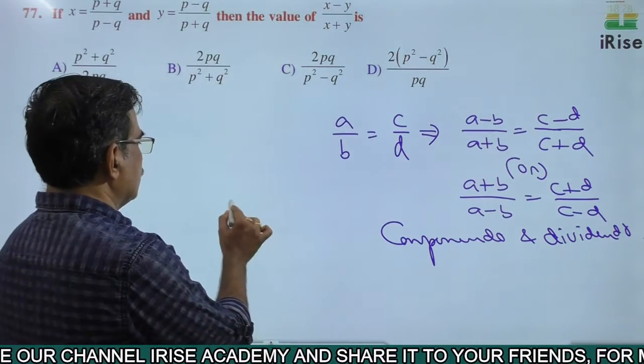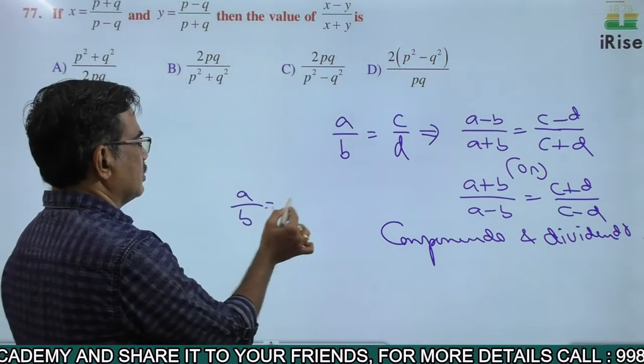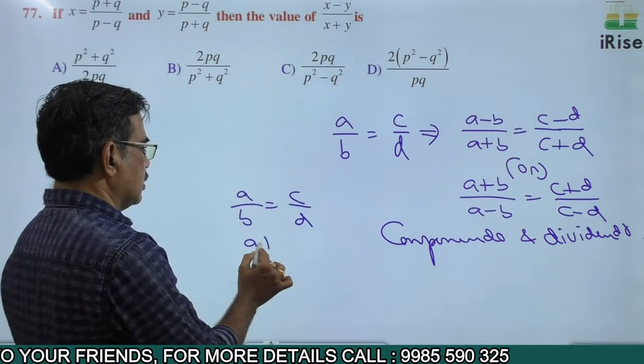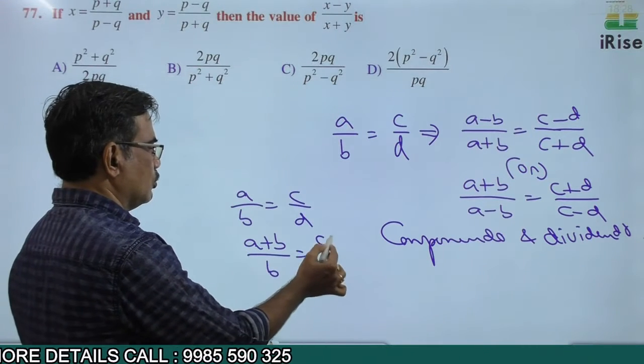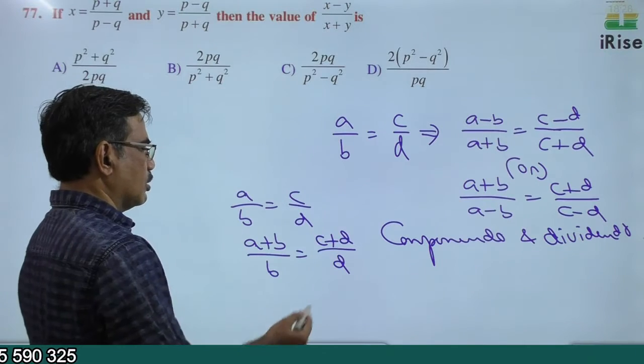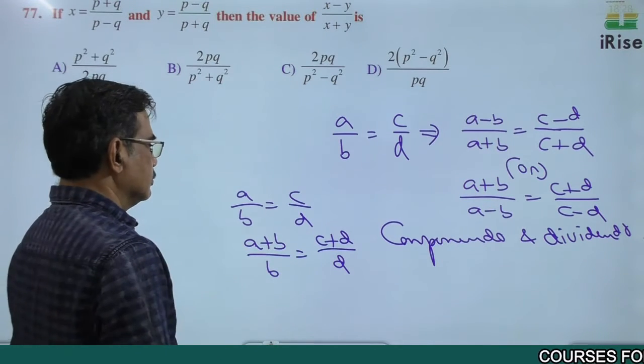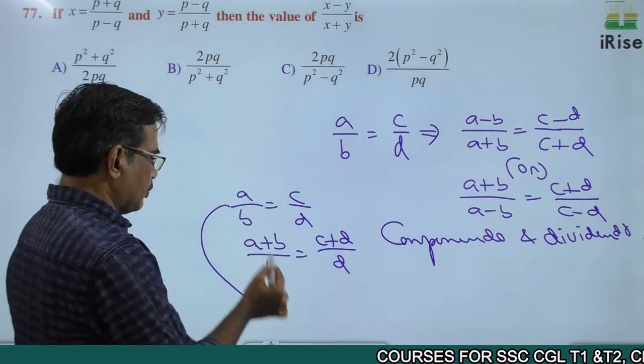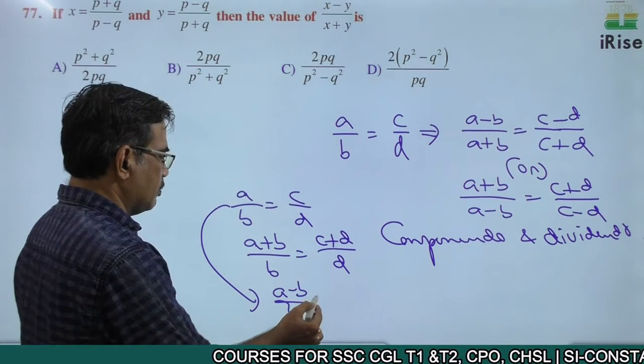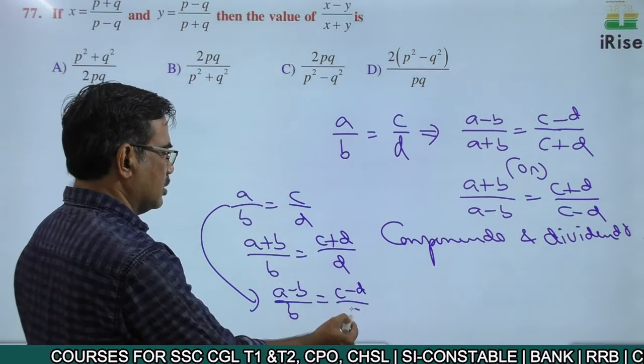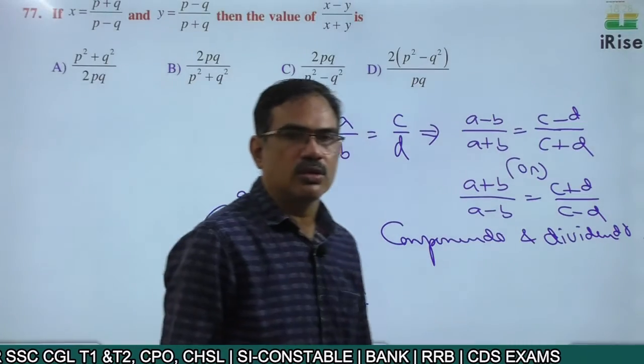Actually, componendo is nothing but, if a by b is equal to c by d, then (a plus b) by b is equal to (c plus d) by d. This is called the componendo rule. And subtract: (a minus b) by b is equal to (c minus d) by d. This is called the dividendo rule.